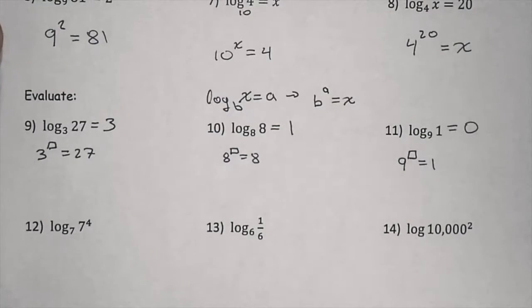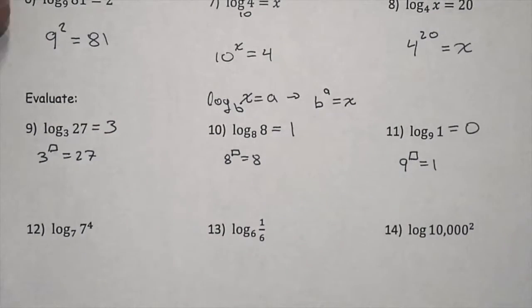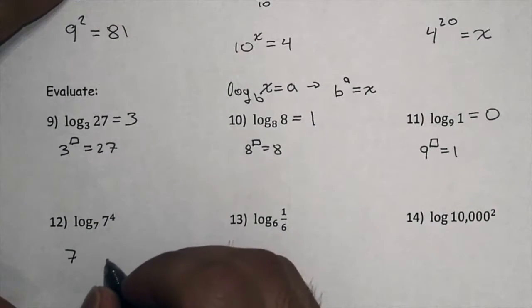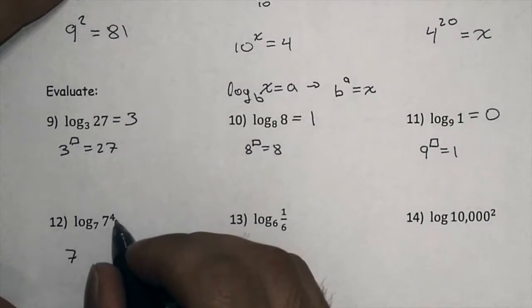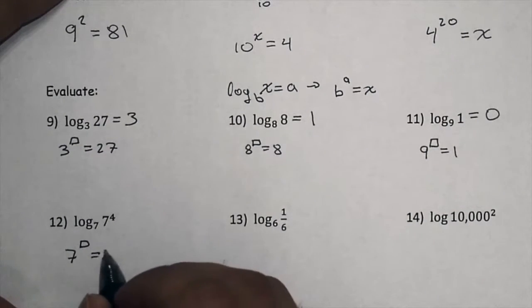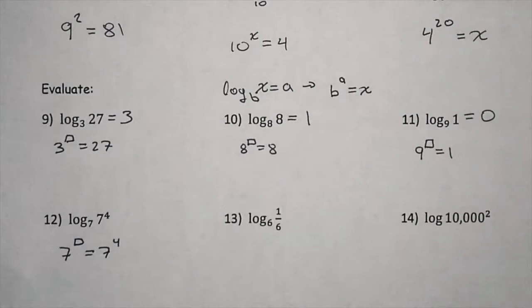Number 12, here we're saying 7 to the power of what equals 7 to the 4th, right? This is kind of redundant, right? So the answer is just what? 4.